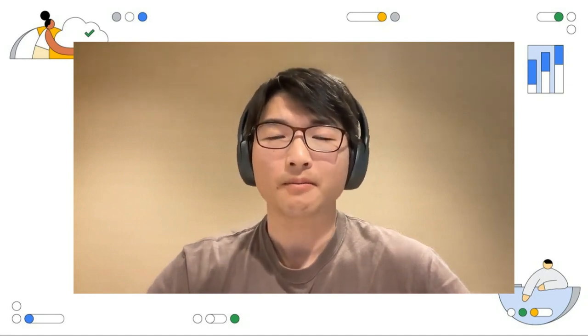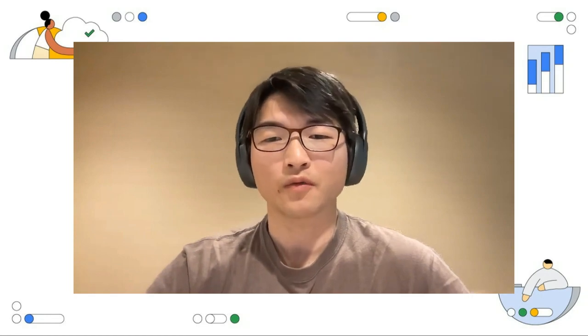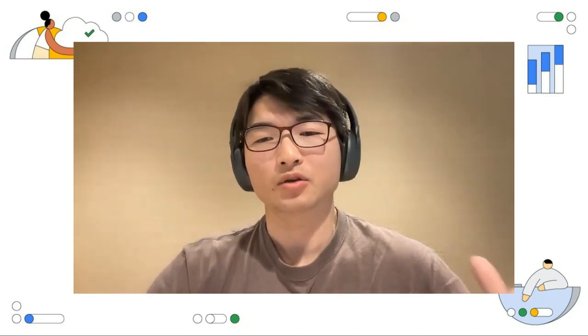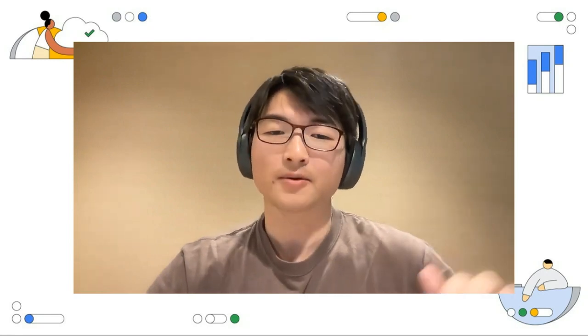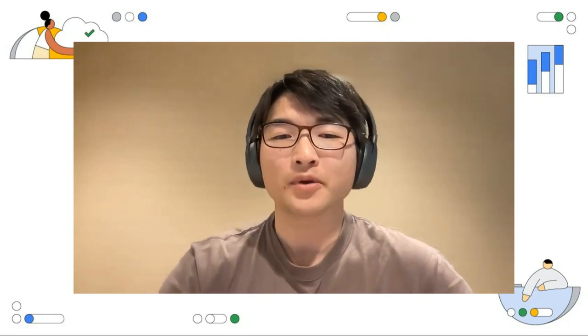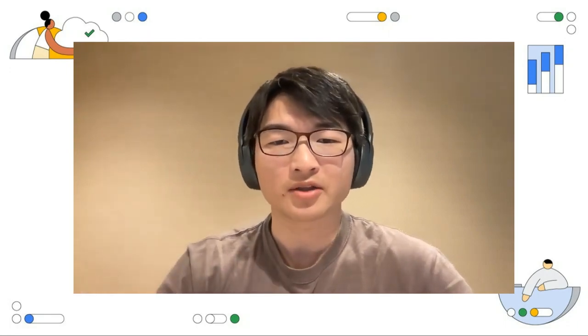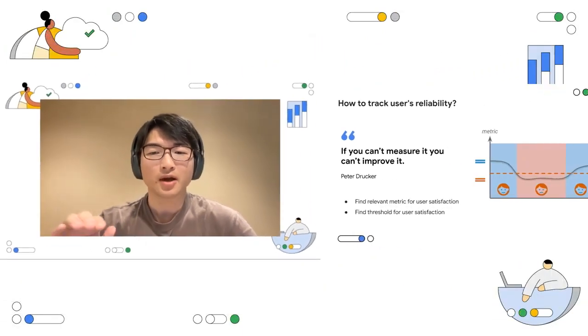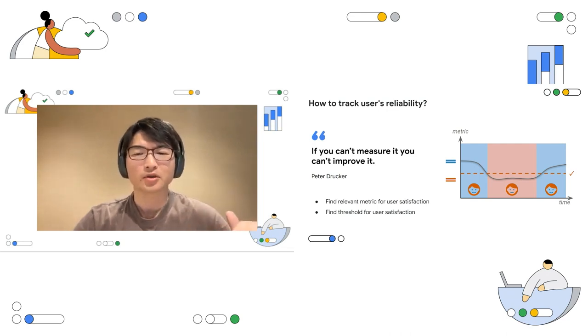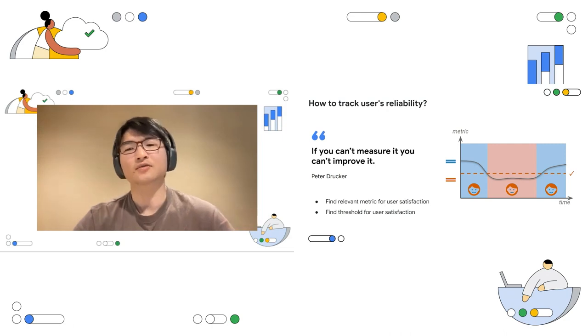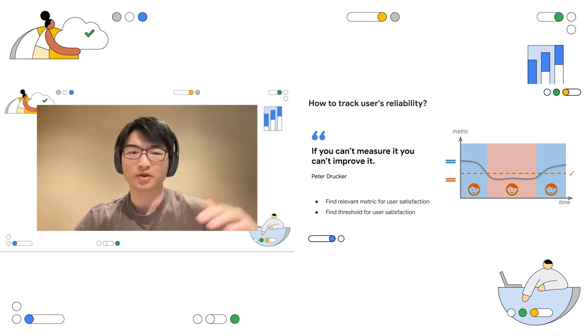Once we find them, then we set a threshold for those metrics where users get satisfied with the service as long as the metrics is above it. So the overview concept is like the image on the right-hand side on the screen. The black line is some metrics that is relevant to users' reliability, and the red dash line is the threshold. So ideally, the metrics should reflect users' satisfaction as long as it is above the threshold.